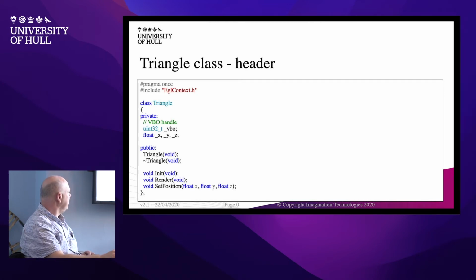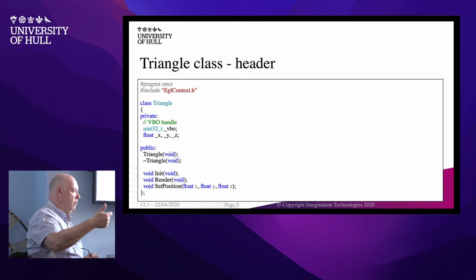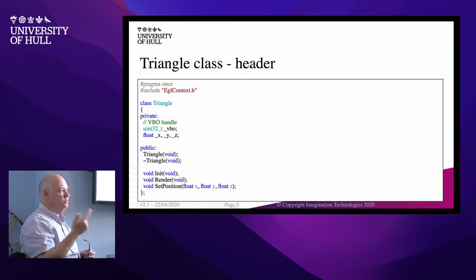We also want to be able to know where our triangle lives in the environment. So I've got X, Y, Z. Very simple. Constructor, destructor, and then here I've got my init. In here I'm going to initialize the VBO and things like that. Render, well, I want to be able to render myself. And I also want to be able to set this position.